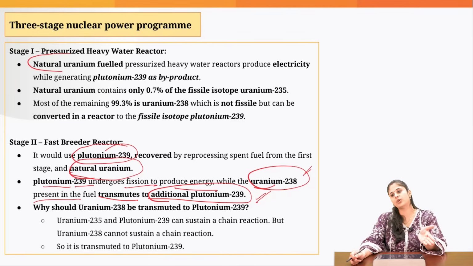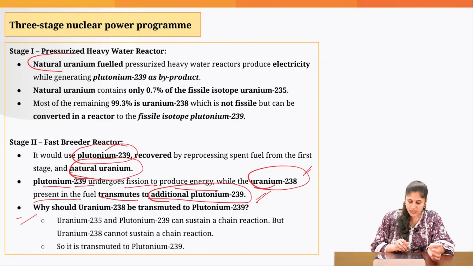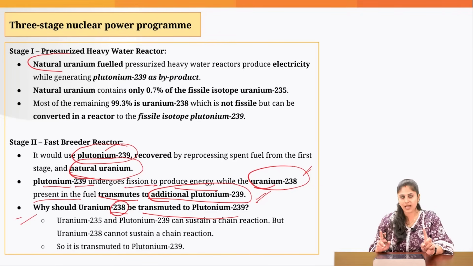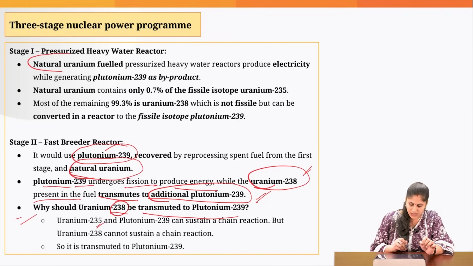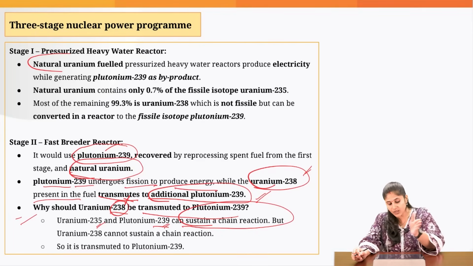An isotope changes its chemical properties, and the number of protons and neutrons undergoes a change. Why should uranium 238 be transmuted to plutonium 239? Because 238 is not a fissile isotope, and 235 and plutonium 239 are the ones which can sustain a chain reaction. It is not the uranium 238 isotope which can continue the chain reaction.